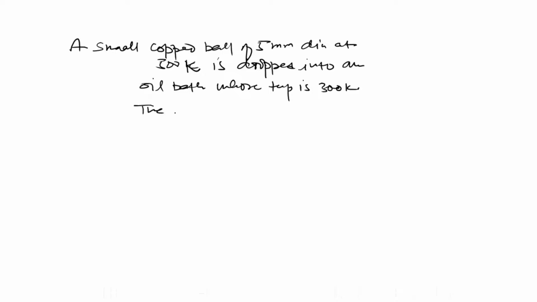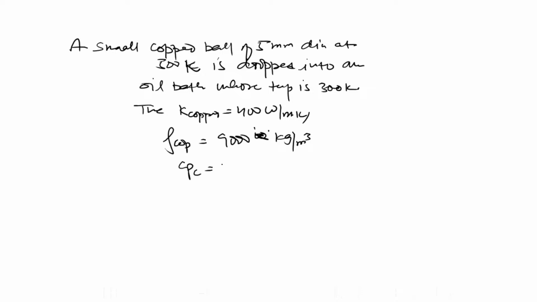The thermal conductivity of copper is 400 watt per meter per Kelvin. Density of copper is 9,000 kg per meter cube. Cp of copper is 385 joule per kg per Kelvin, everything in SI.